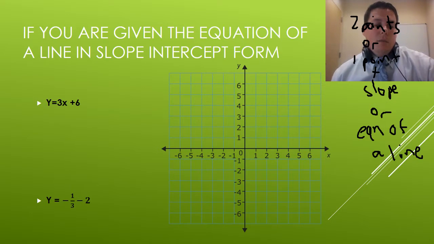So in these examples, we're given an equation of a line in slope-intercept form. We're going to see that graphing is easiest in slope-intercept form. So if you're given an equation of a line that is not in slope-intercept form, it's best to convert it to slope-intercept form, and we'll discuss that later.